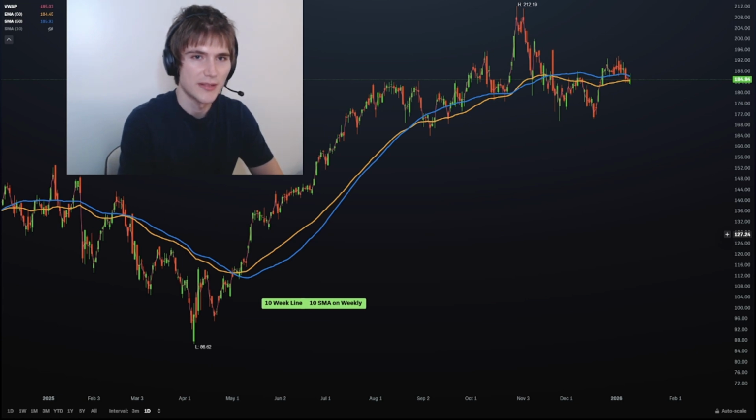So to summarize, the 10-week line is the 10-week SMA, and institutions use it to manage trend exposure. The 50 EMA is a faster, more opportunistic version of the same concept, and that's why it's a core part of swing trading. Now we're going to take a quick dive into a real-life example of the 50 SMA, the 10-week line, and the 50 EMA, my replacement for the 10-week line.